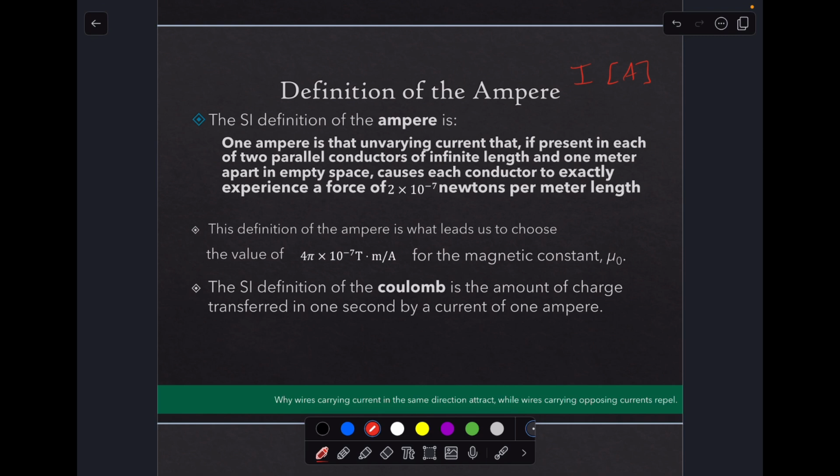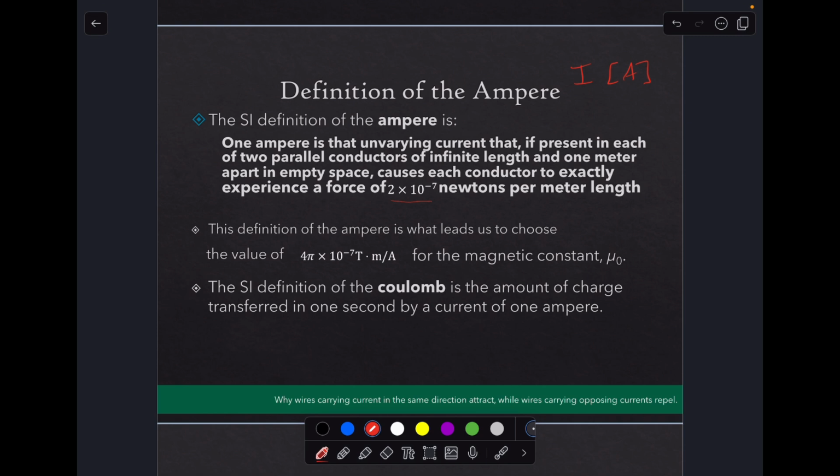So 1 ampere is the current that, if present in two parallel conductors of infinite length in empty space, would result in a force of 2 times 10 to the minus 7 newtons per meter of length. That's just how current was defined, through the force between two wires. So it's just an interesting fact.